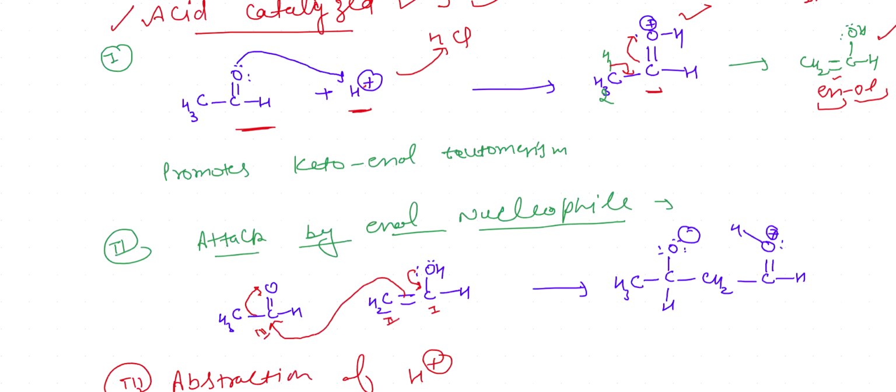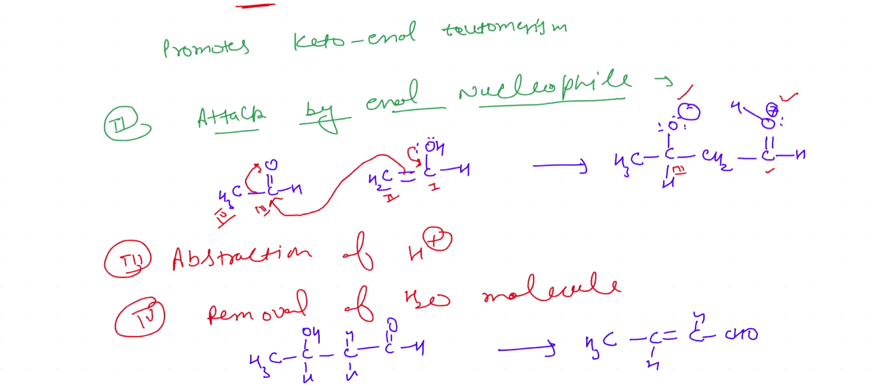The oxygen with carbon number 1 now gets positive charge because it has given its electron to this carbon. Now the carbon number 3 is this. The oxygen linked to carbon number 3 thus acquires negative charge. Okay. So further in next step, what happens?